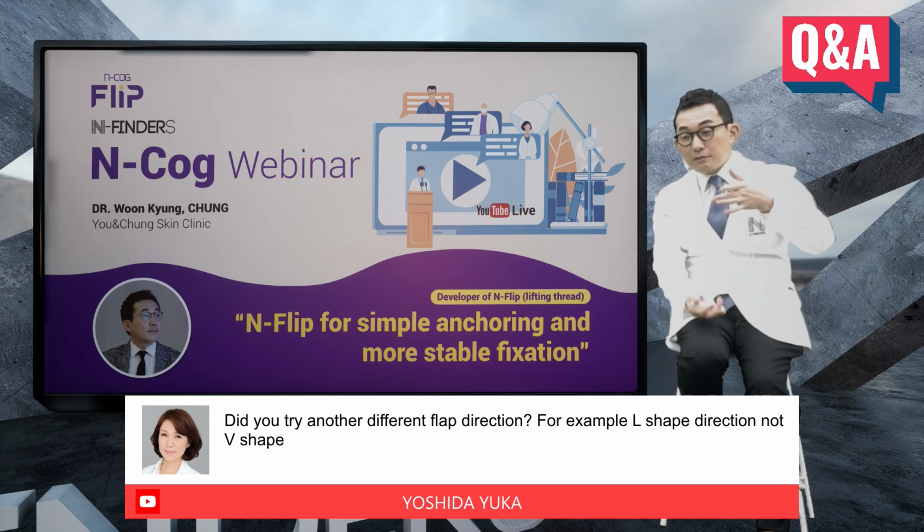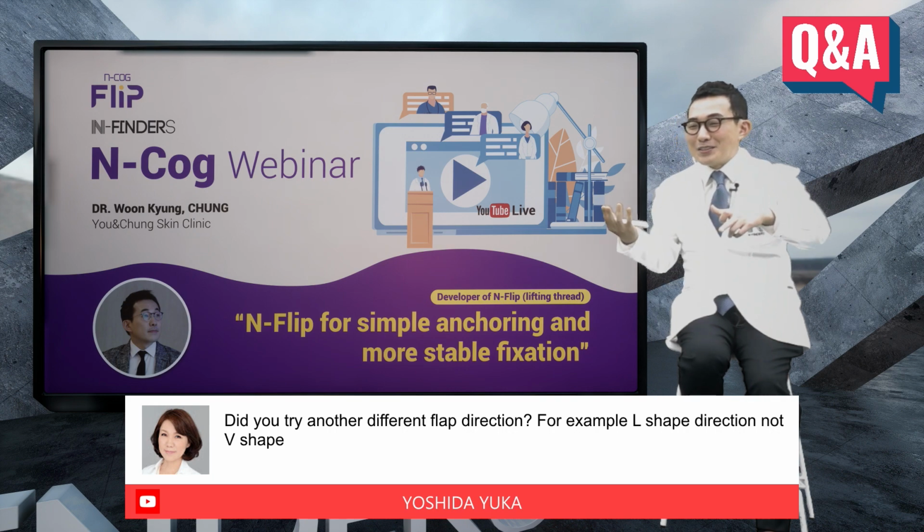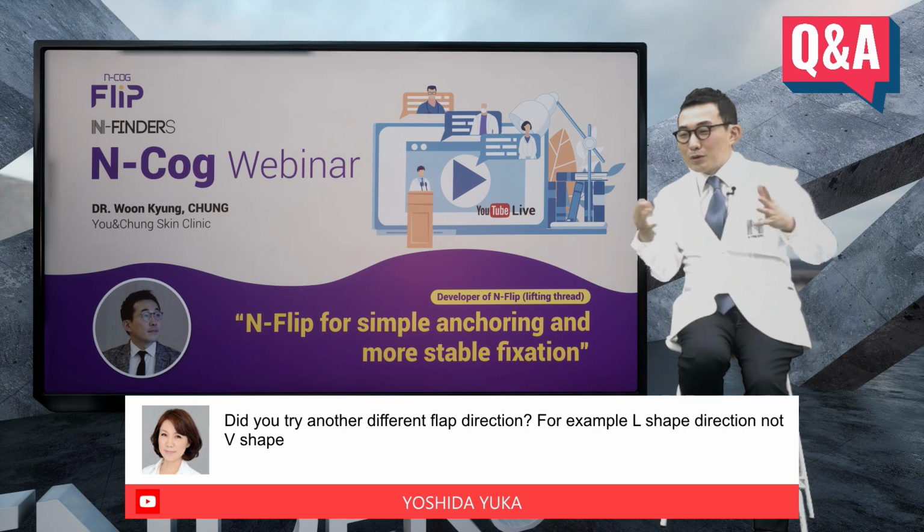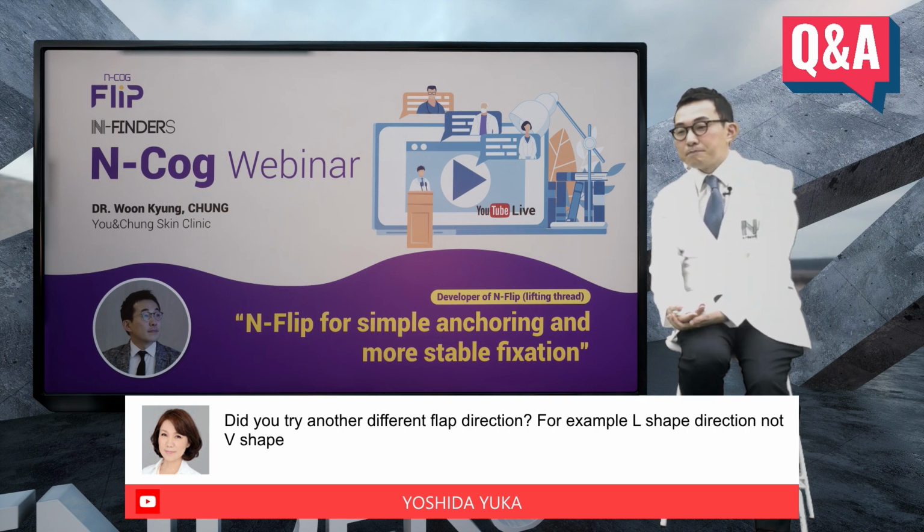Until now, the first inserting portion is about 6 centimeter, and the outer portion is maybe 4 centimeter. But for the A-shape direction, the outer portion has to be longer. So I will tell M-finders about a longer thread for the A-shape direction. Good idea, I think.